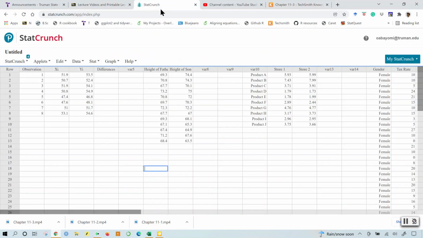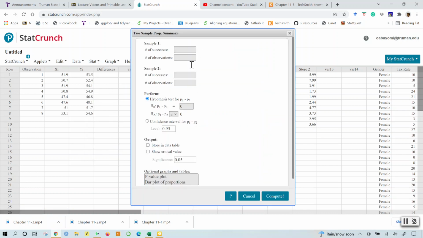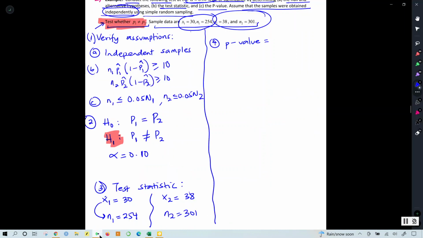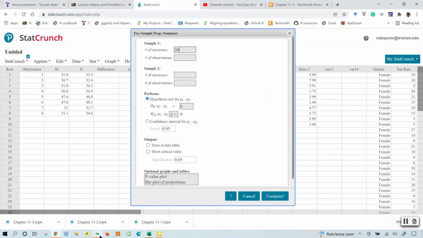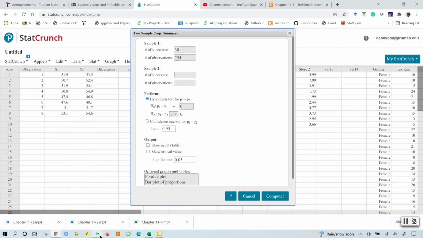Go to Statistics, Proportion Statistics, two sample with summary in this case. For the first sample, I have 30 out of 254, and for the second sample, I have 38 out of 301.